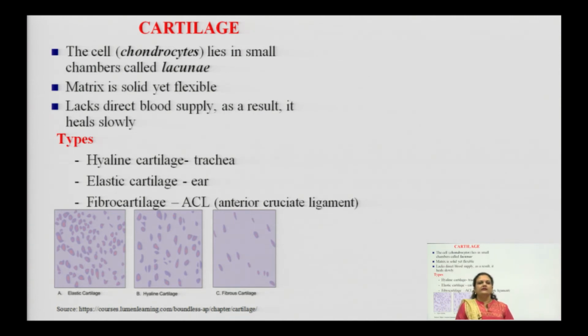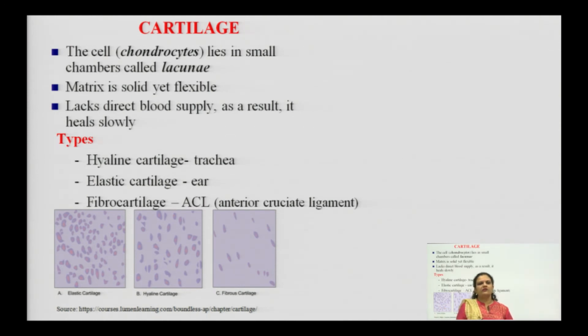Chondrocytes are the cells which are joined together and make the cartilaginous tissues. So these chondrocytes lie in small chambers named lacunae. Lacunae are the small chambers which closely pack these chondrocytes.